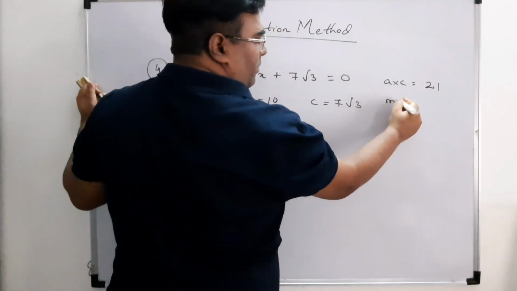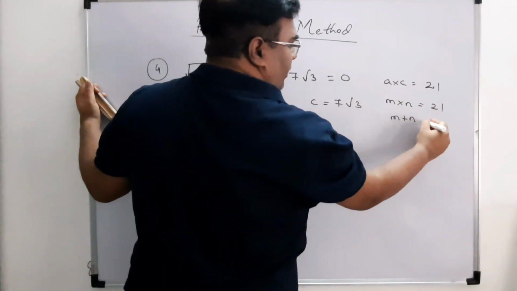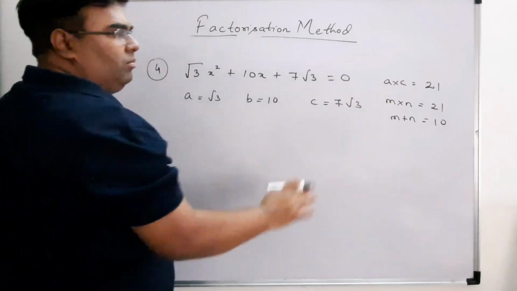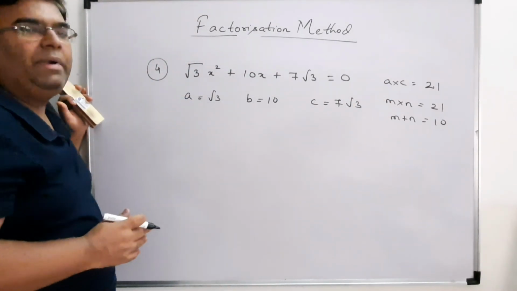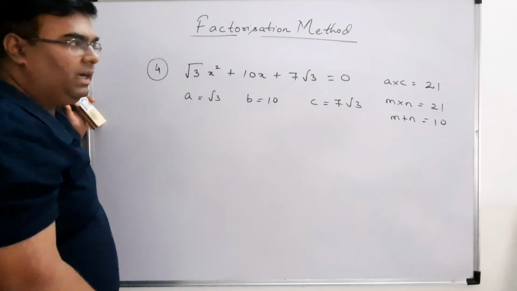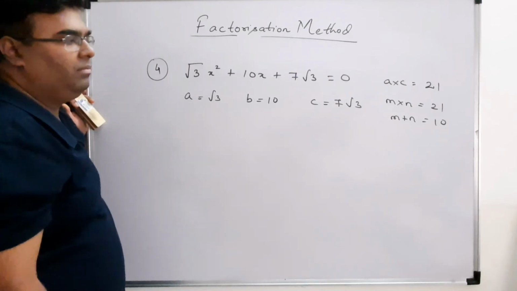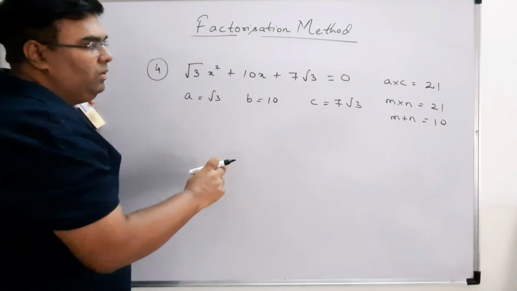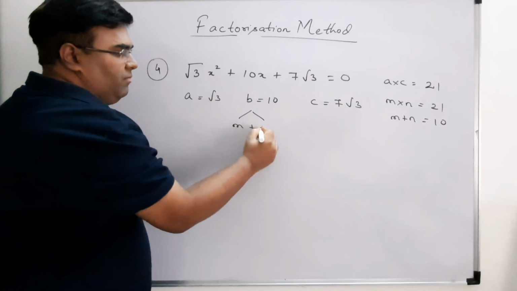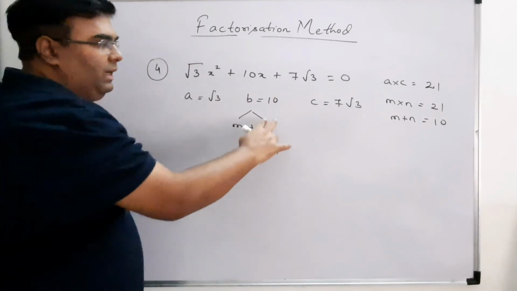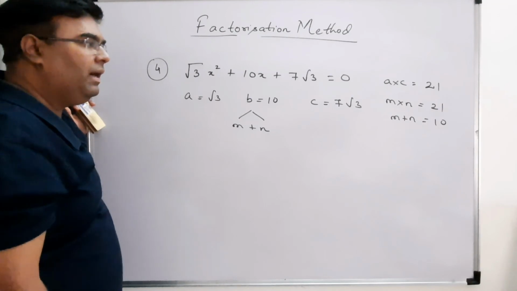So your m multiplied by n is 21 and m plus n is 10. Both are positive. It means both the numbers m and n are positive, and m and n don't have square root in them. Why? Because if you add m plus n, you are getting 10 here. So there is no square root in m and n.